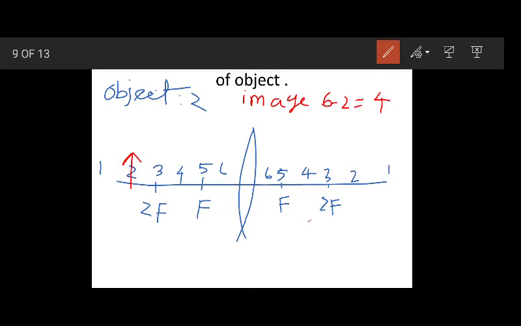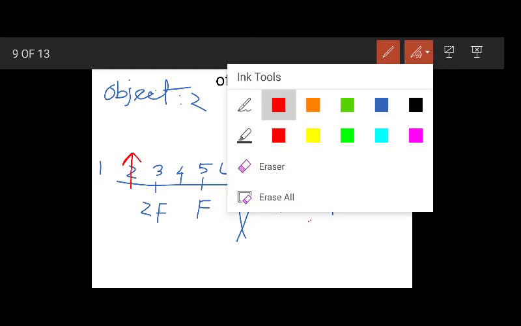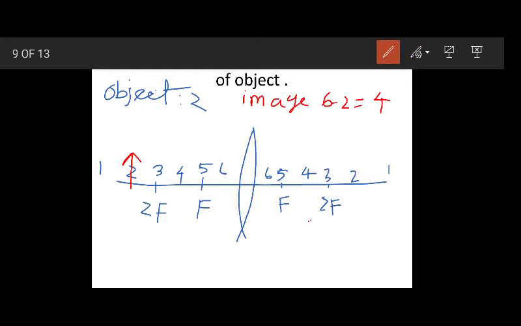So first of all, draw the ray diagram. From the parallel ray, after refraction it will pass through the principal focus. This is the principal focus, and another ray, when it passes through the optical center, does not change its direction.